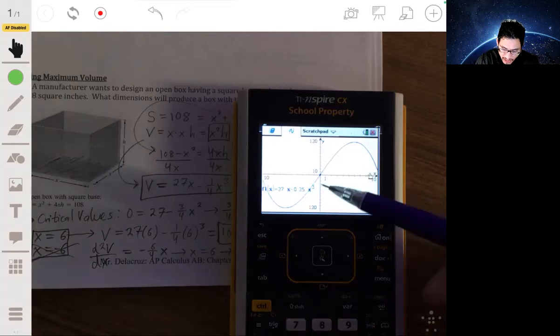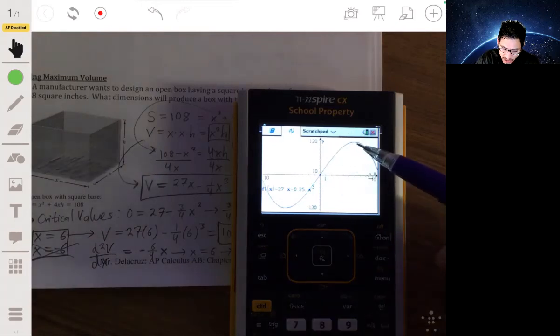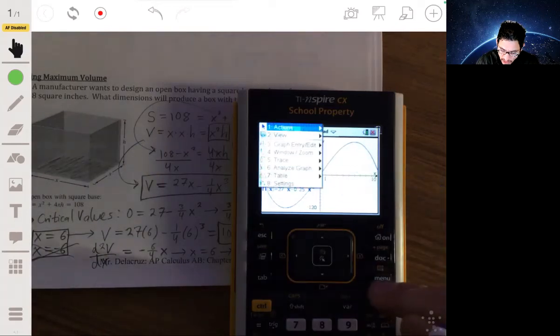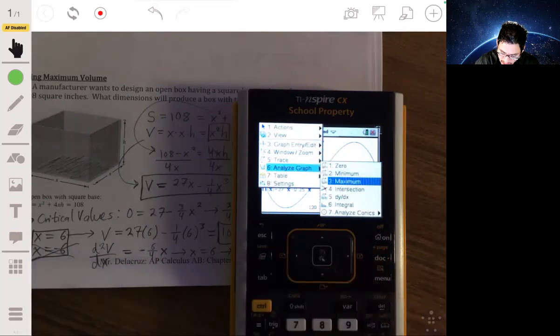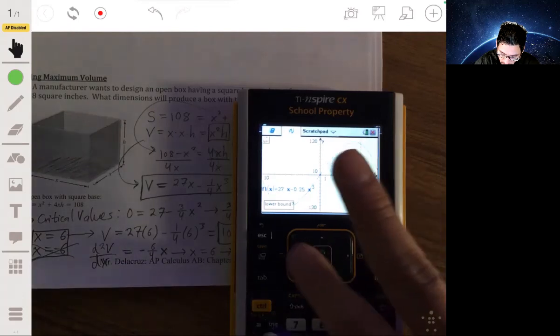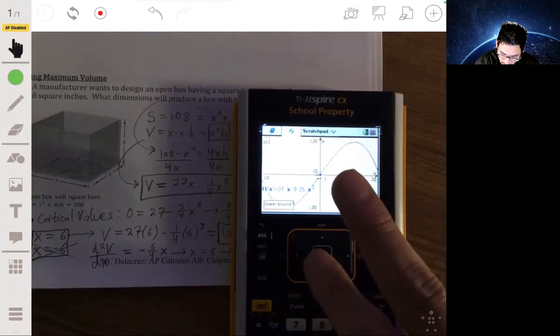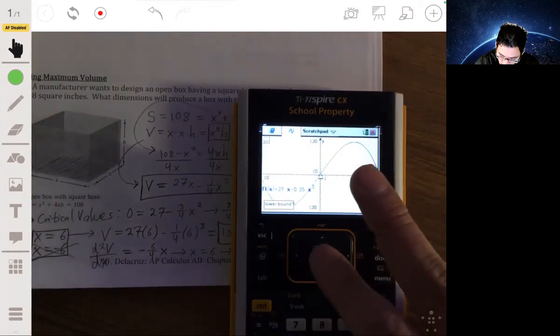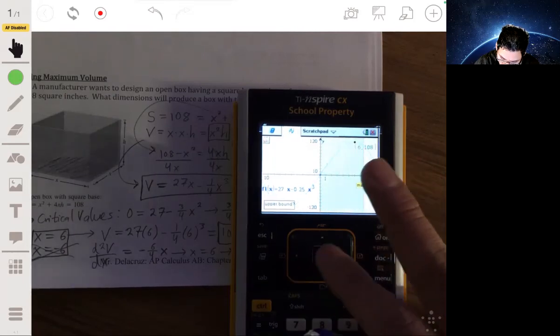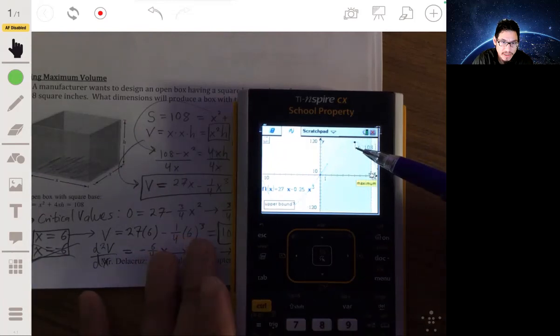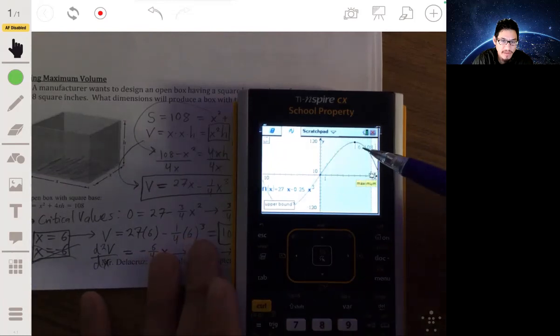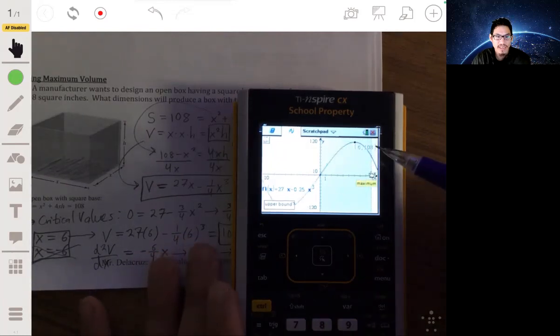You can see that it starts increasing up to here, then decreases afterward. If we were to analyze this for the maximum, we can't get any values that are negative. So let's start at 0. Then you can see how there's a maximum here. This is the graph of the volume, and the volume has a maximum when x is 6.